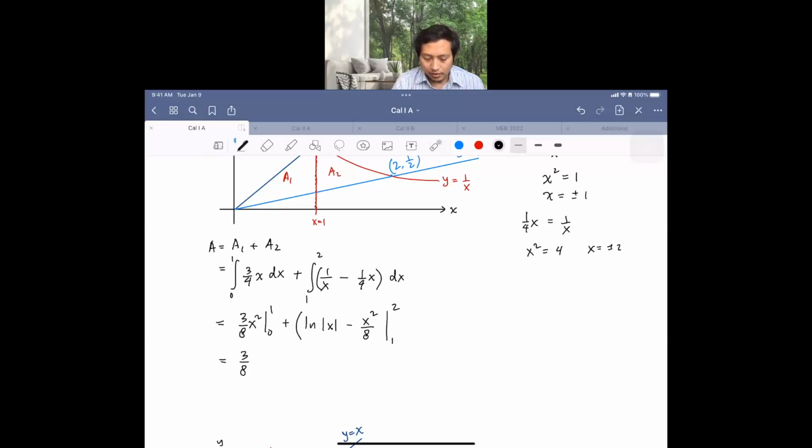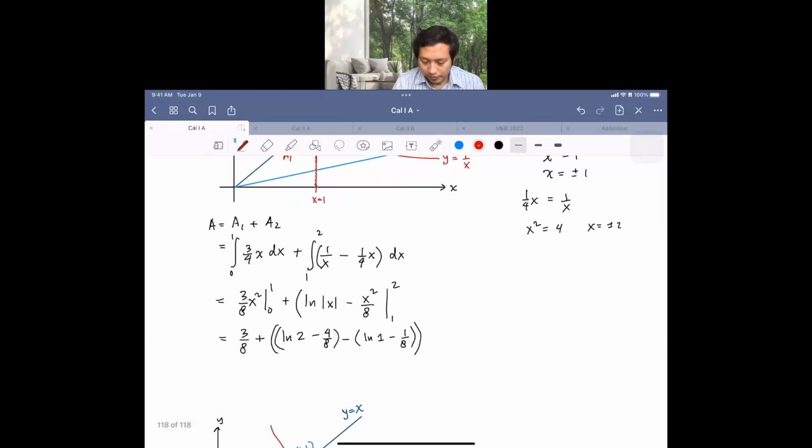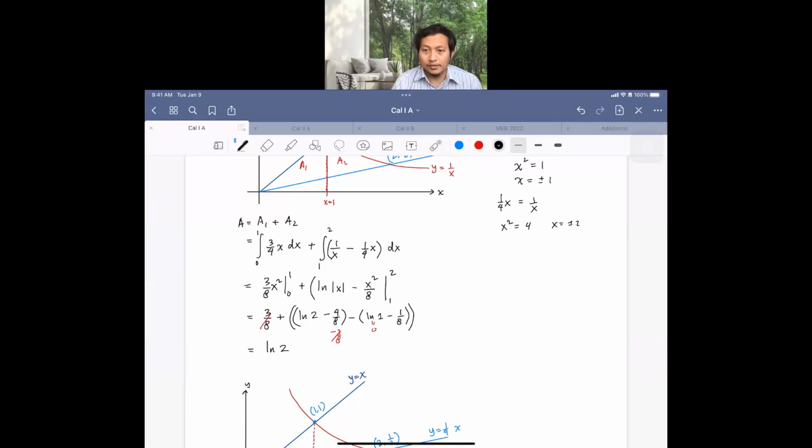And then we put 2, ln 2 minus 4 over 8, and then minus ln 1 minus 1 over 8. So we will have ln 1 is 0, negative 4 over 8 plus 1 over 8, it's negative 3 over 8. We cancel this too. So in total we have just ln 2. Clear, right?